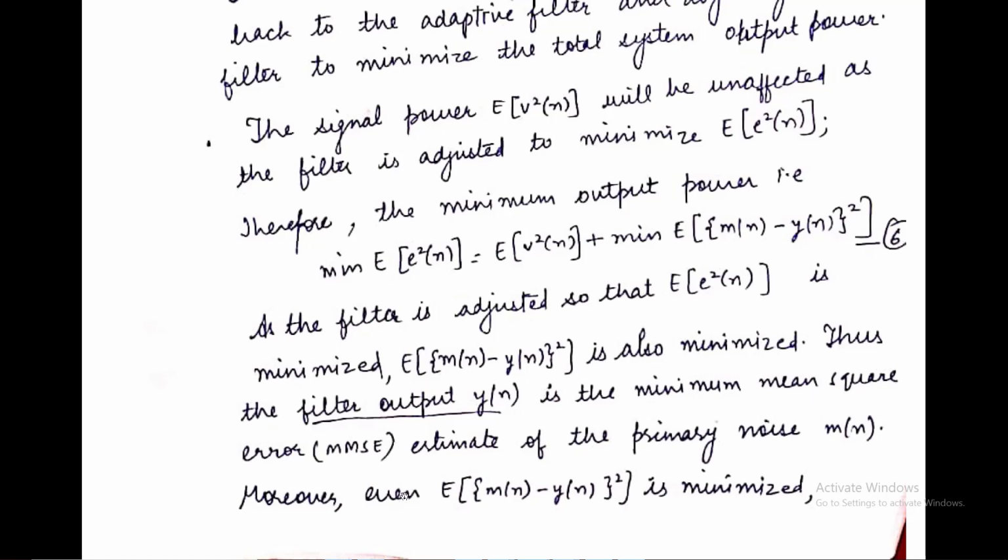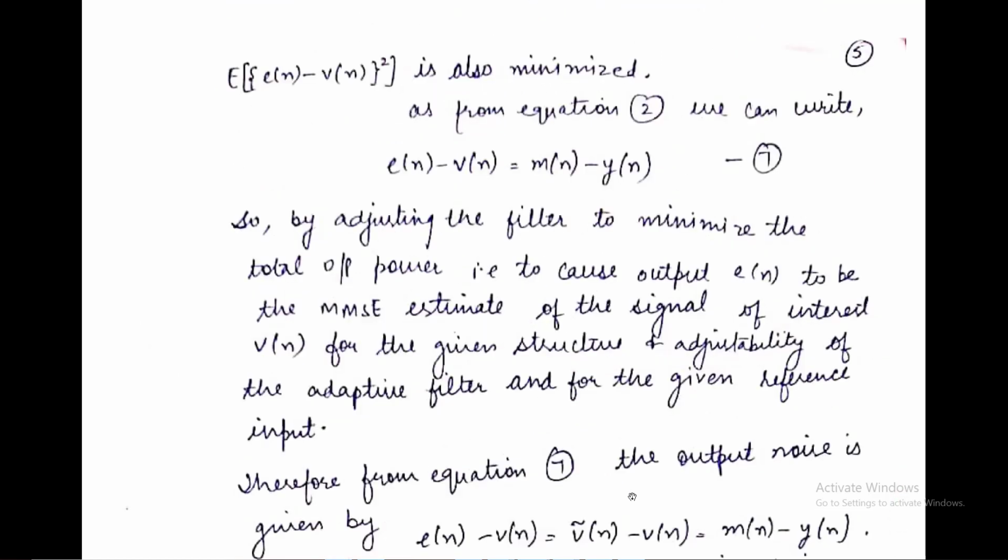Moreover, even if this expectation of Mn minus Yn whole square is minimized, En minus Vn will also be minimized, as from equation 2 we can say En minus Vn is equal to Mn minus Yn.